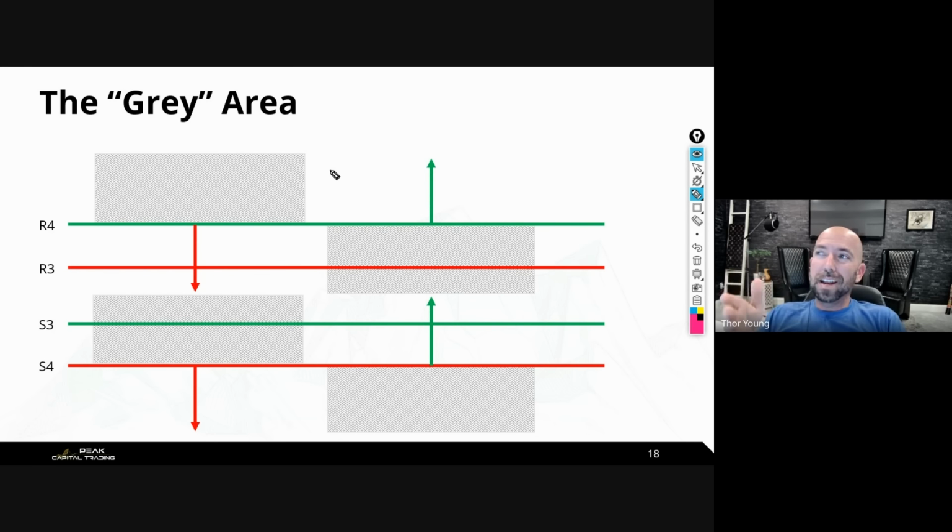You can have an 80% hit rate but a 0.8 or 0.6 profit factor, which means you're basically making no money. Even though you have a high hit rate, you're actually slightly losing money.